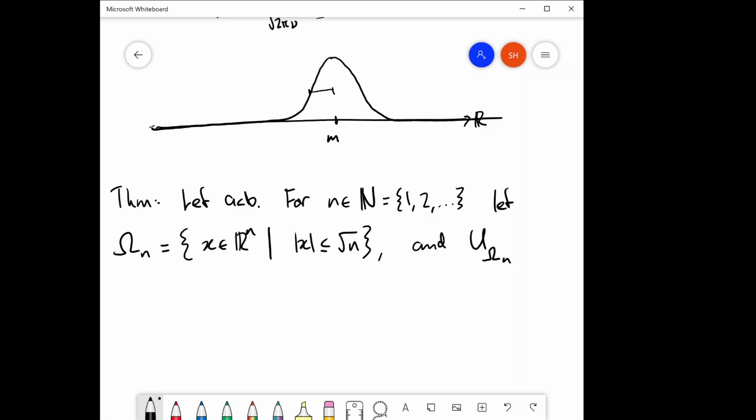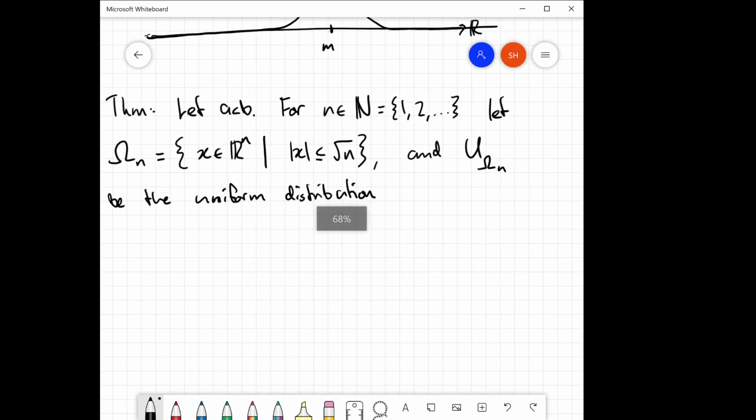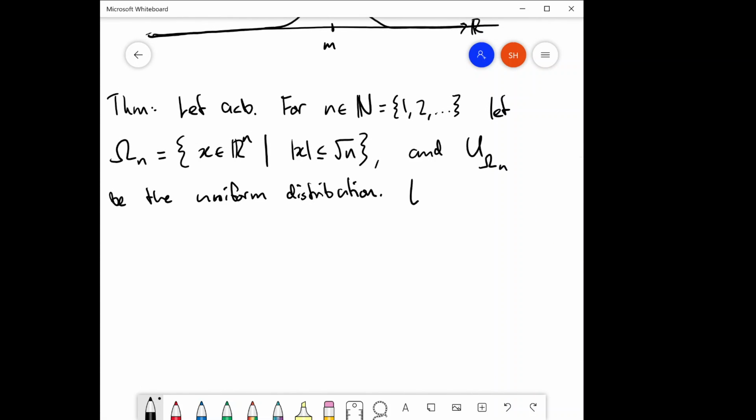And let U_{omega_n} be the uniform distribution. We let X_1^n from omega_n to R take, well, it just tells you what the first coordinate is.